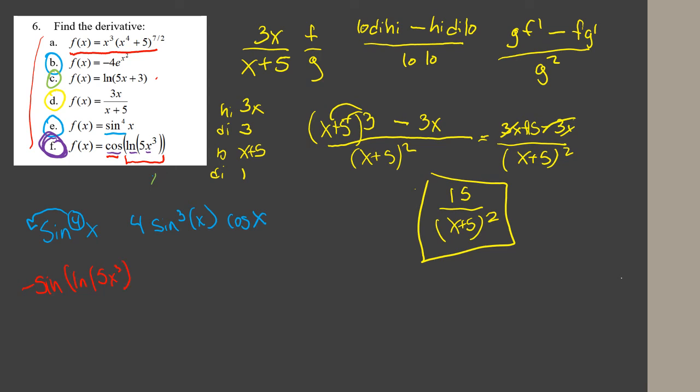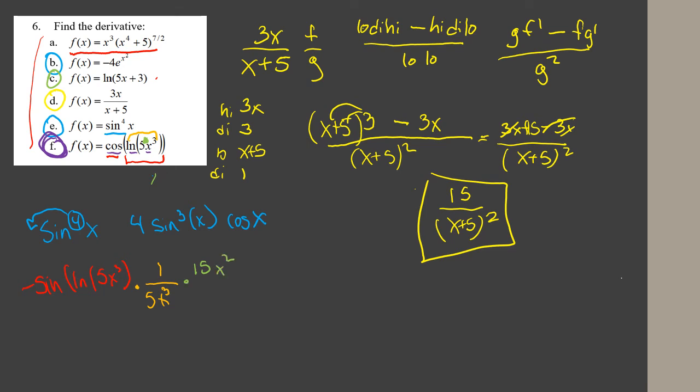And then we've got the chain rule, so we're going to multiply by the derivative of this ln of 5x cubed, which is 1 over 5x cubed. And then we multiply by the derivative of the interior function here, this 5x cubed, and the derivative of that is 15x squared.